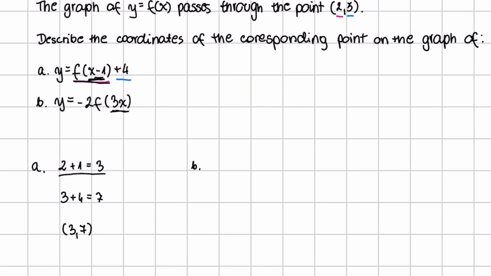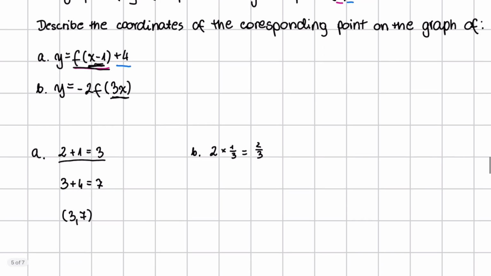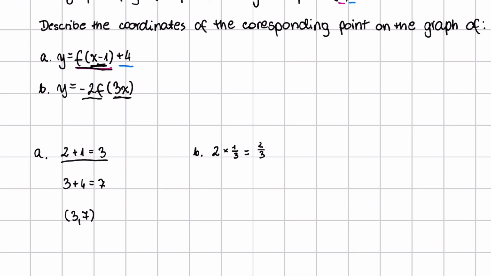So our starting point x is 2, and now we have to compress it with factor 1 over 3, so just multiply it by 1 over 3, so this is 2 over 3. So this is our new x, and now with y we have minus 2f.